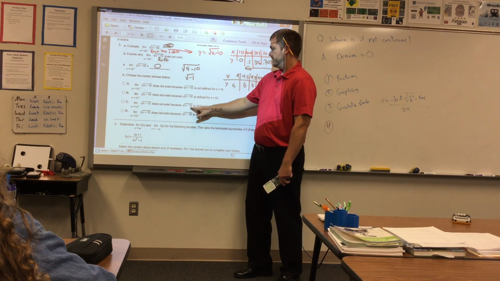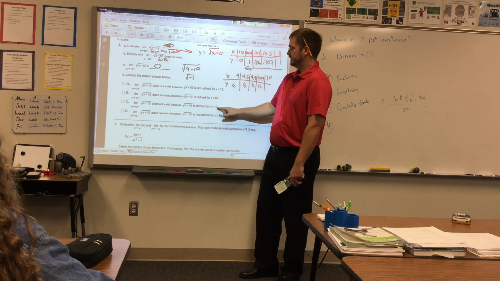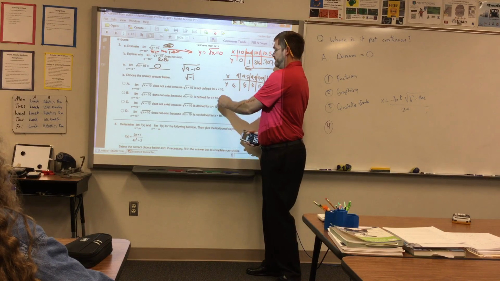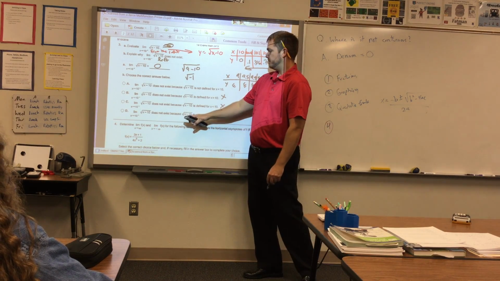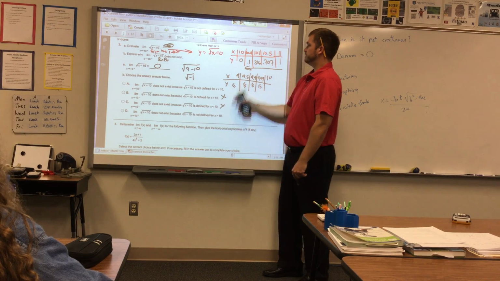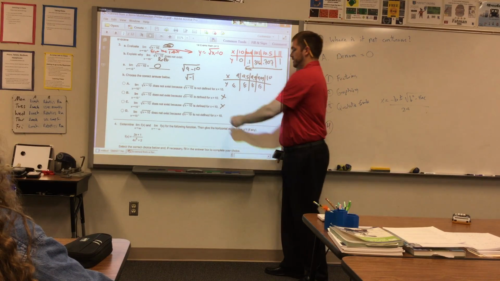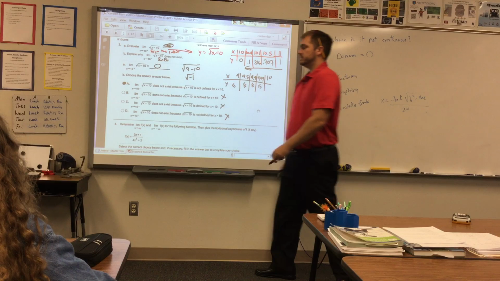This one, it does not exist because x minus 10 is defined for x less than 10. We've just determined that it is not defined for x less than 10. And it does not exist because the square root of x minus 10 is not defined for x greater than 10. Also false, it totally exists for x greater than 10. I agree with you, Jesse. A does look like a really good answer.